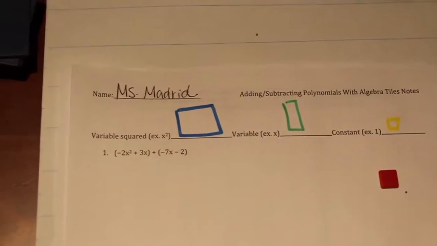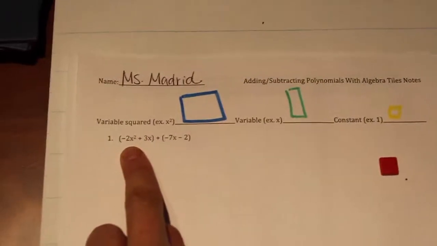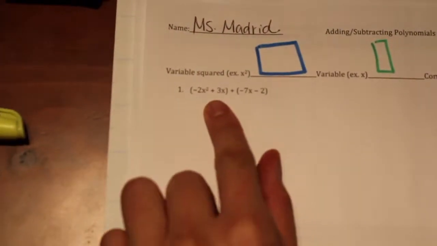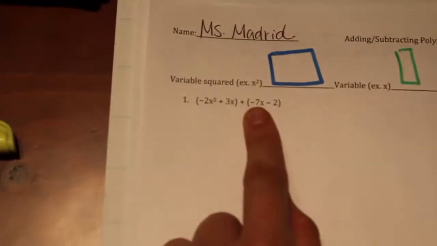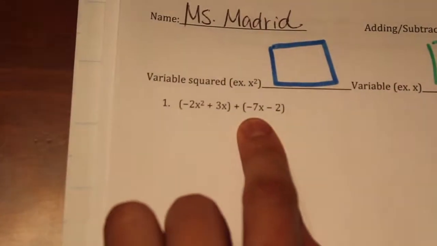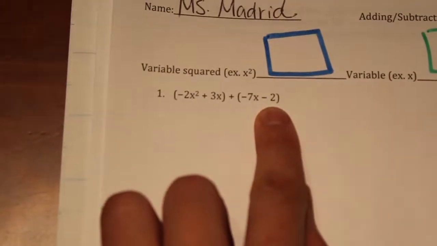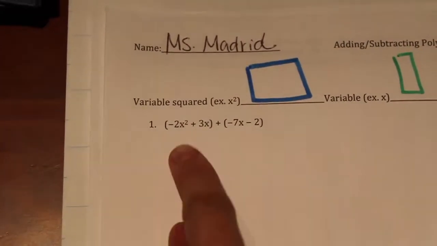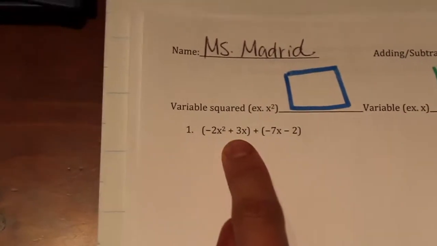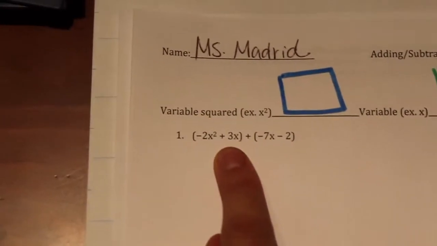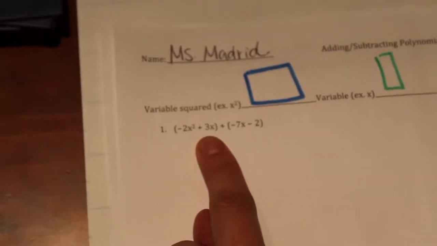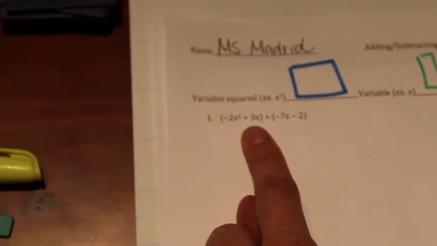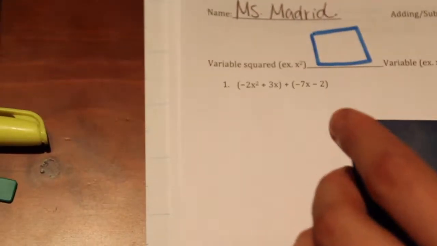Okay, so our first problem says negative 2x squared plus 3x plus negative 7x minus 2. Let's start with the first polynomial, negative 2x squared plus 3x. The first term, negative 2x squared, tells us we need 2 of the x squared tiles.